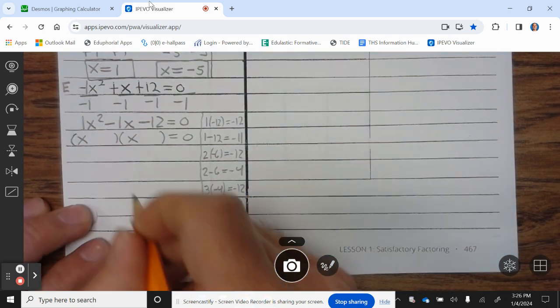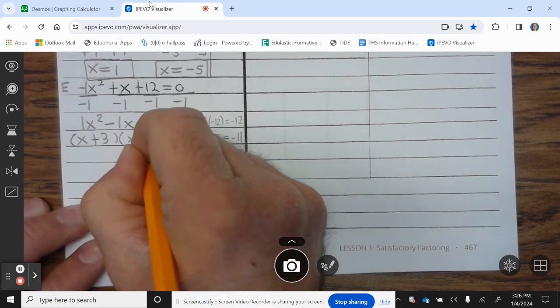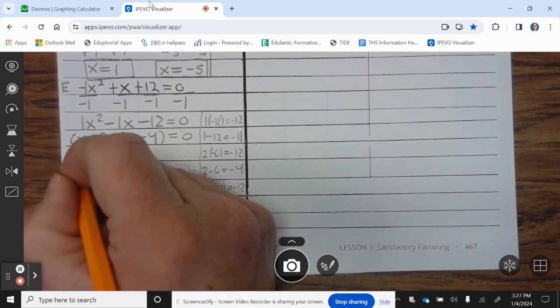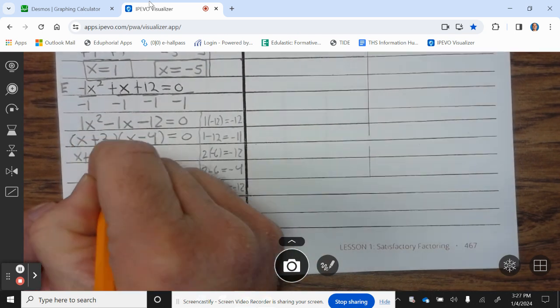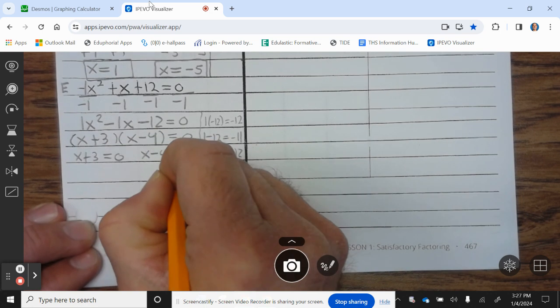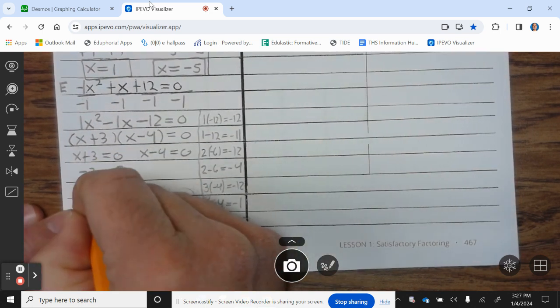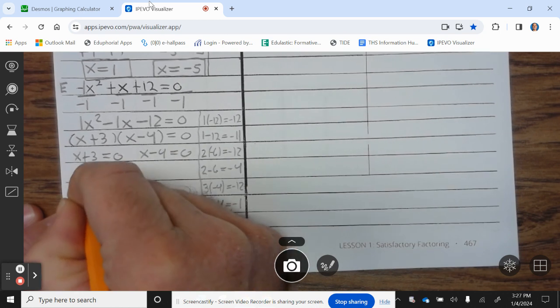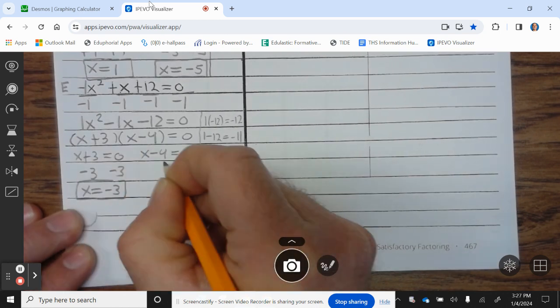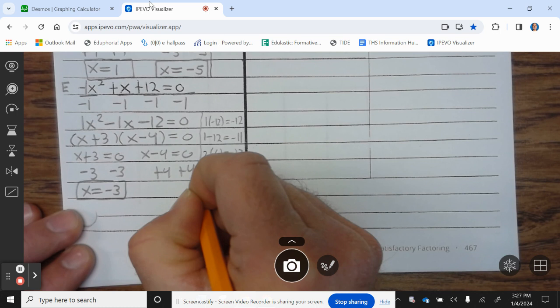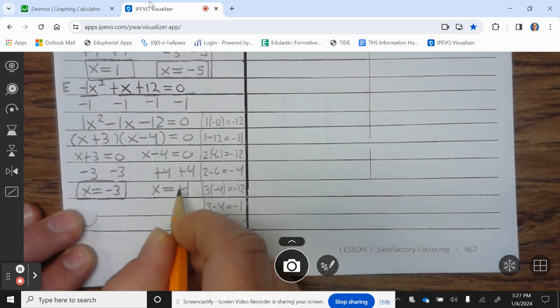That works. So our factors are x plus 3, x minus 4. So x plus 3 equal to 0, x minus 4 equal to 0. Subtract 3 from both sides, get x equals negative 3. Add 4 to both sides, x equals 4.